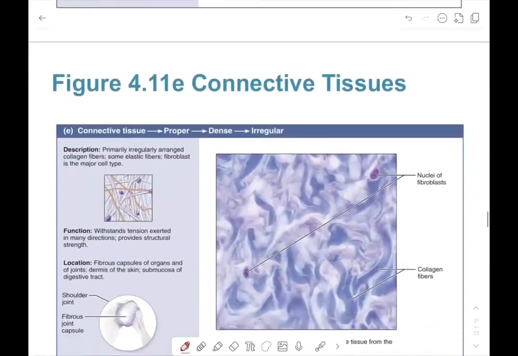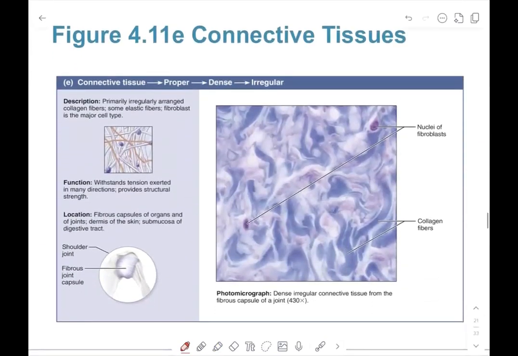The next example of a dense connective tissue is irregular. And irregular, again, is going to describe the direction of the collagen fibers. So it's irregularly arranged collagen fibers. There's a few elastic fibers, but mostly collagen fibers. And the major cell is a fibroblast.